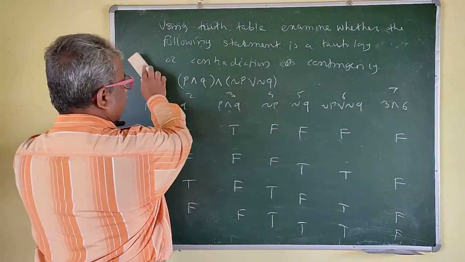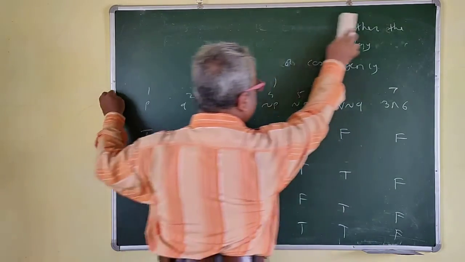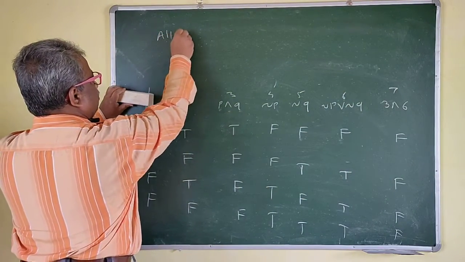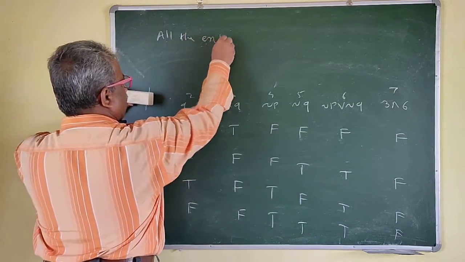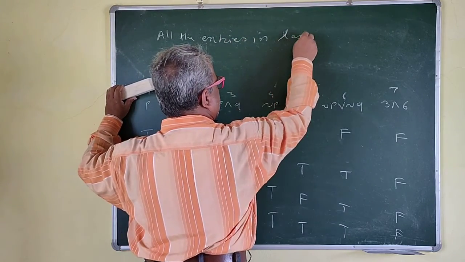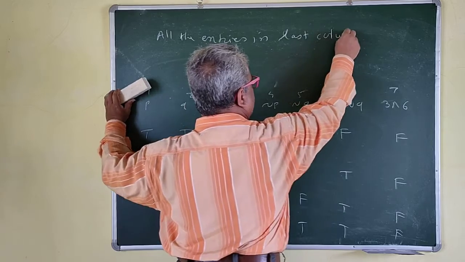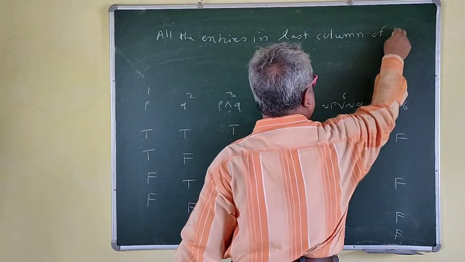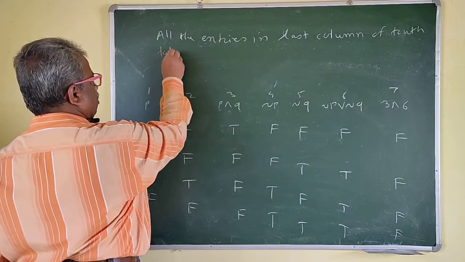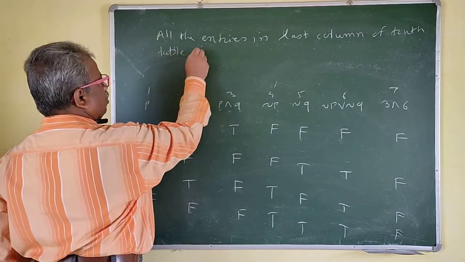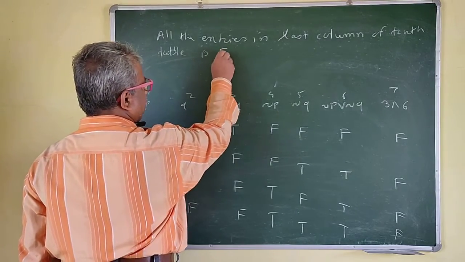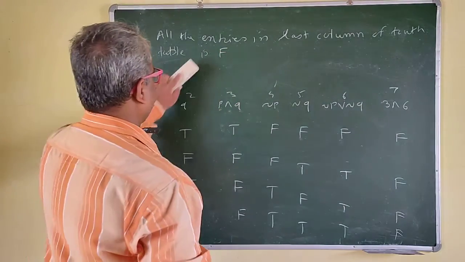All the entries in the last column of the truth table are F.